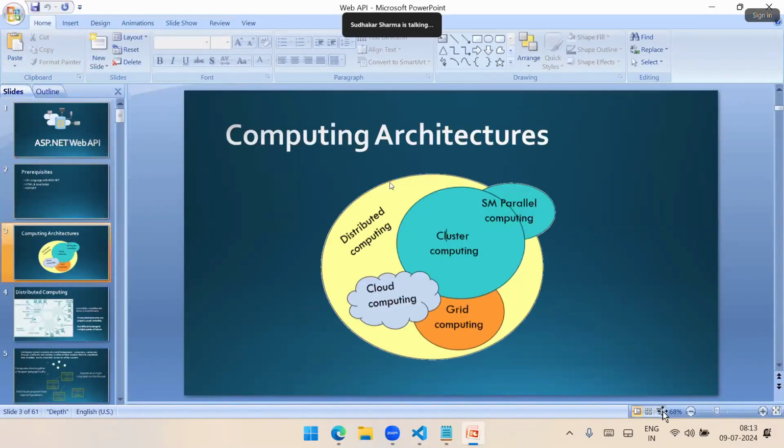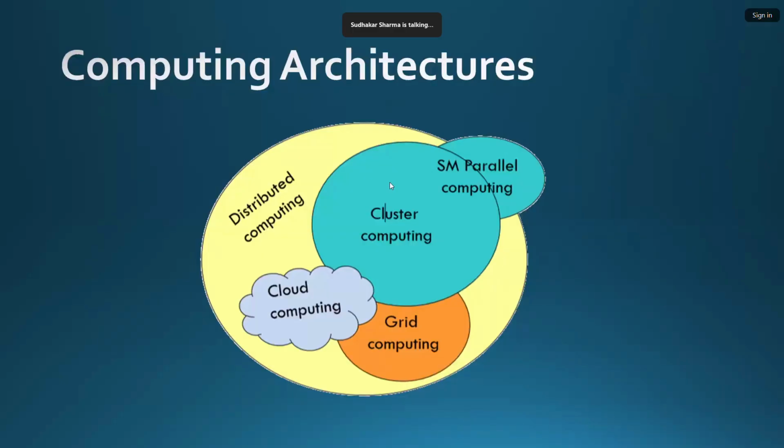So what is the intention? What is the concept of this? I will tell you. For example, I will show you a concept here. These are various computing architectures. We have different computing architectures: distributed, parallel, cluster, cloud, grid computing. Every computing architecture has a different implementation process.